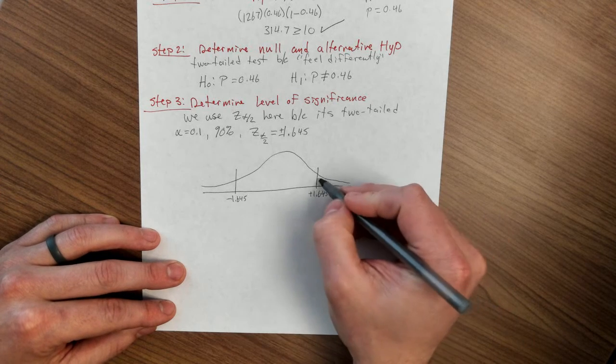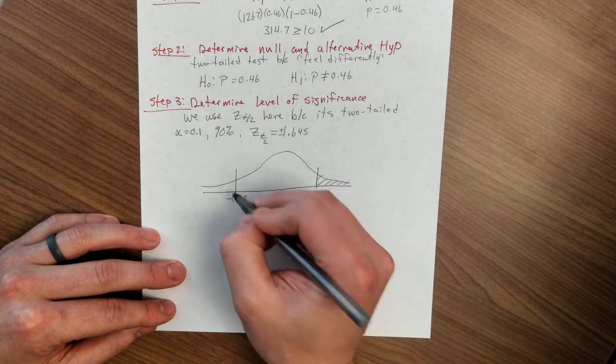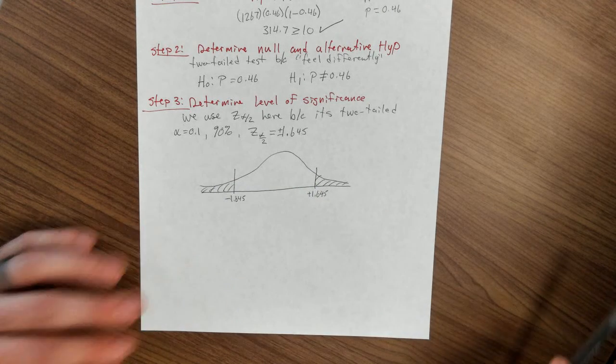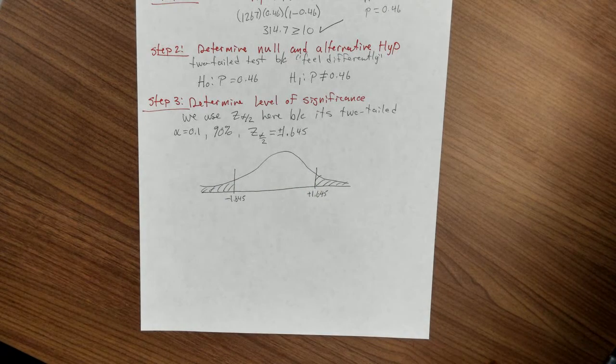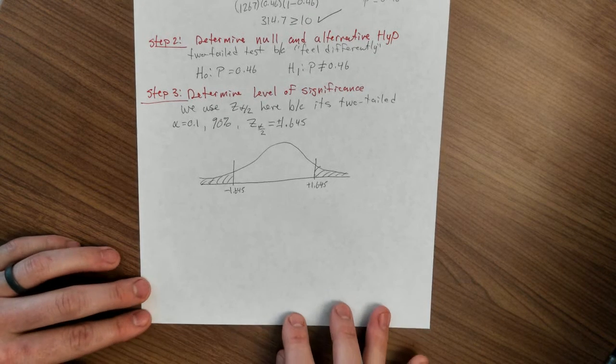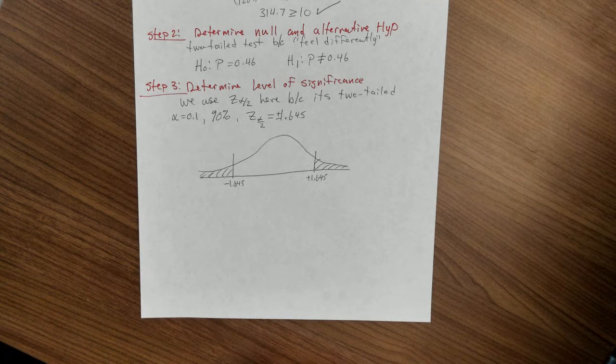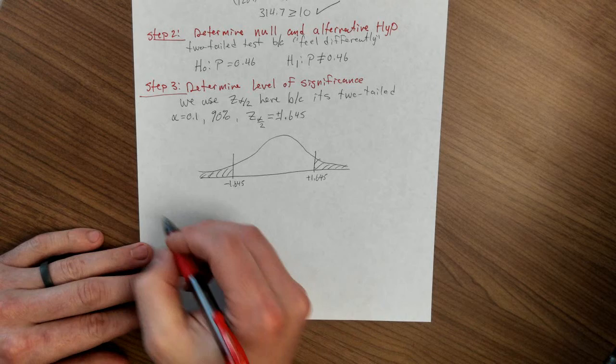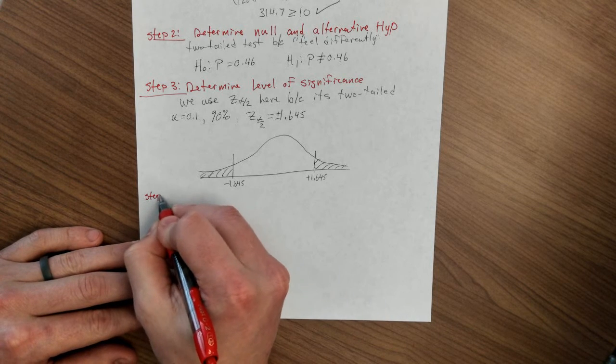And the critical regions are out here in the tails. All right. So that's it for step 3. Now step 4 is the new formula, but it's really something you've somewhat seen before. We want to find a test statistic, and we want to see where it lies on this graph using the information that we were given up here.